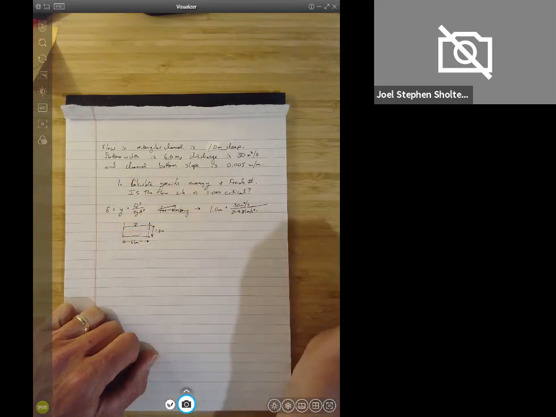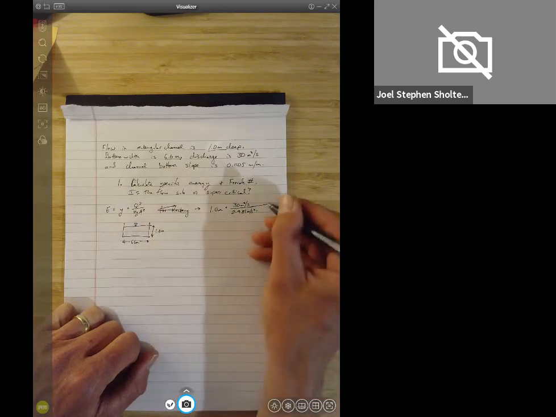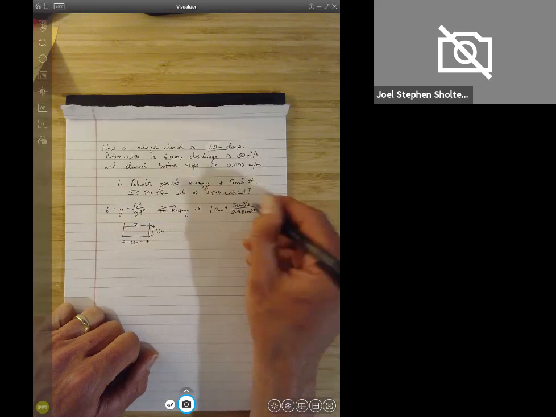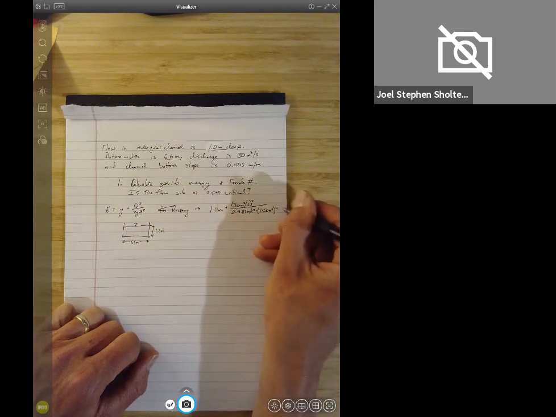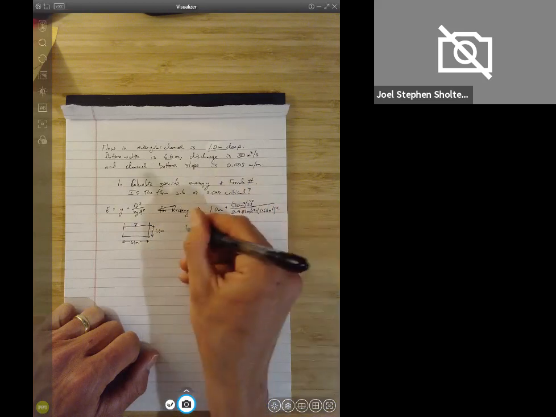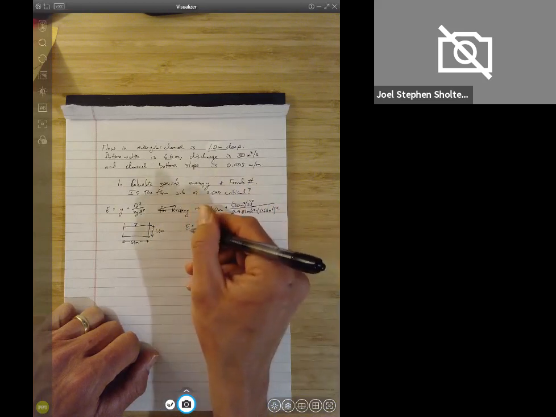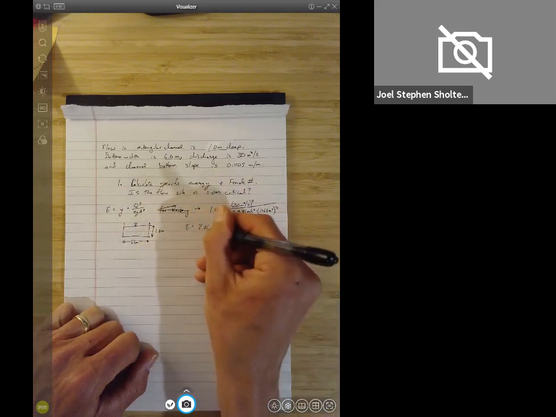Here we go. So our area is going to be, and it's area squared, so we've got to remember to square the discharge and square the area. Okay, so E is going to end up equaling 2.06 meters.